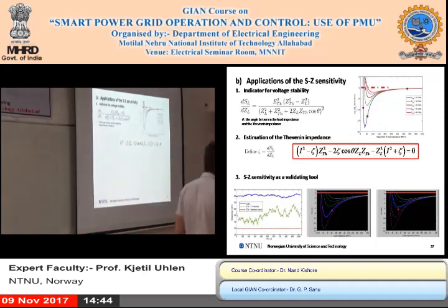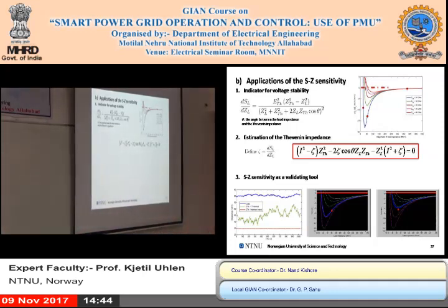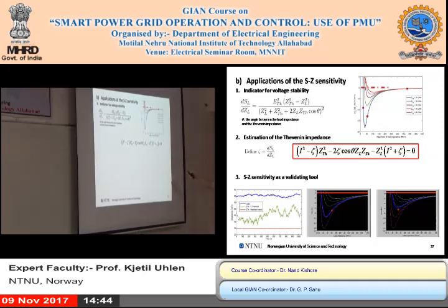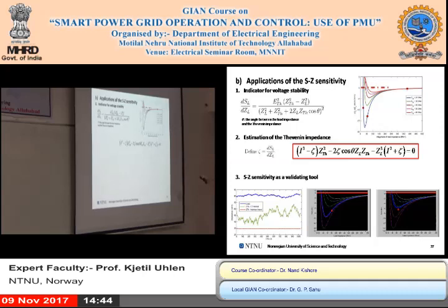But let's take a look at how this looks. This is again difficult for you to see, but this is the magnitude of the load impedance. And this is the sensitivity factor. So it's this factor versus the load impedance.